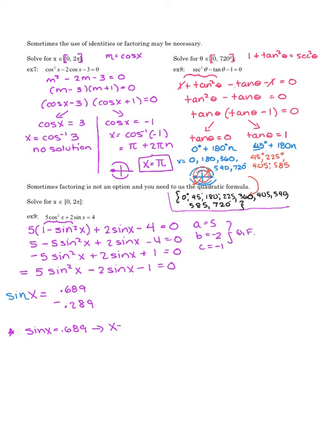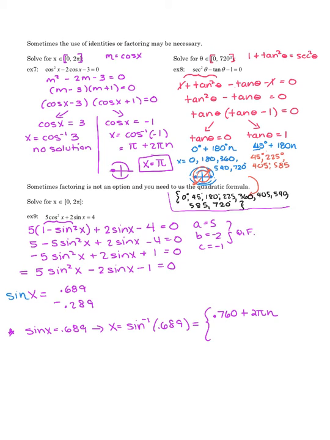So that means x equals the inverse sine of 0.689. And so you enter that on your calculator, 0.689. And remember, you're going to have two solutions from this. You're going to have, in this case, 0.760 plus 2 pi n.